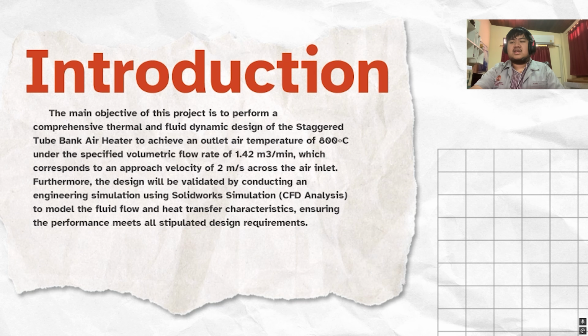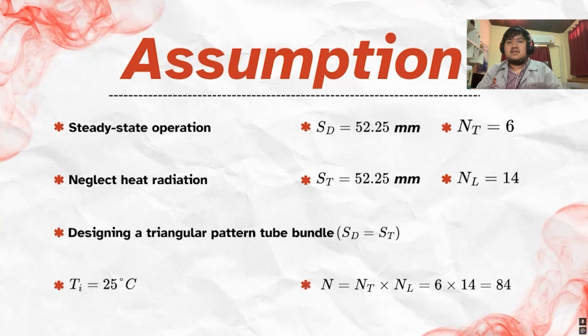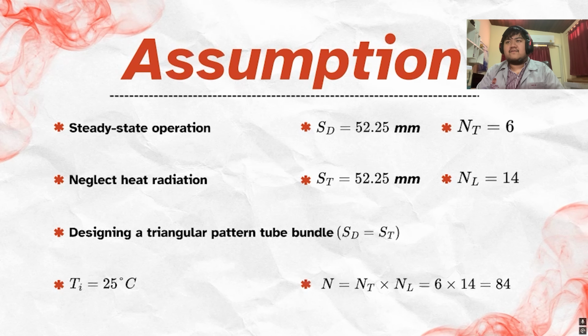The next is the assumptions. We have 9 assumptions. The first assumption is steady state operation. The second, negligible heat radiation. And the third, designing a triangular pattern for the tube bundle, SD and ST. And the fourth, Ti is 25 Celsius.